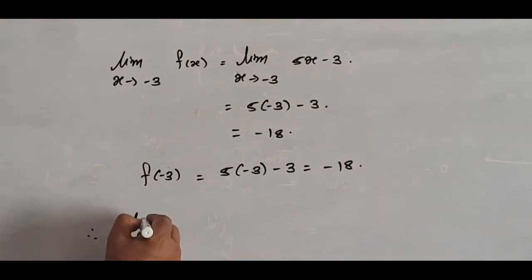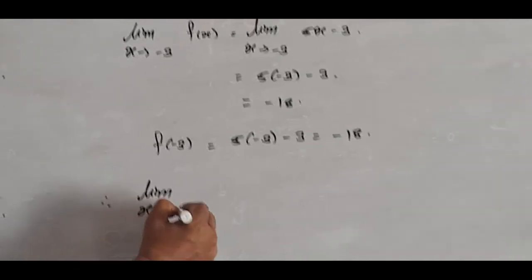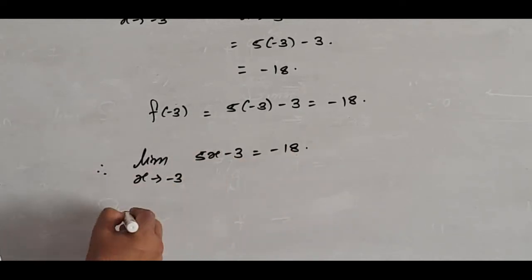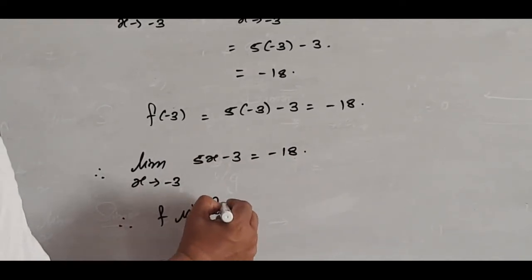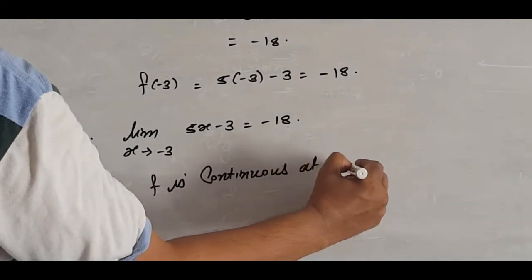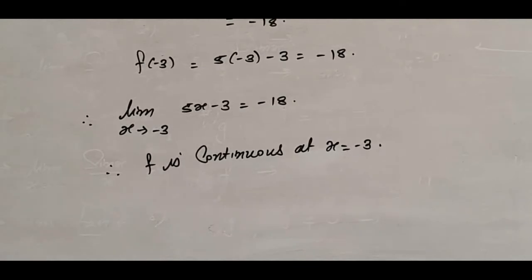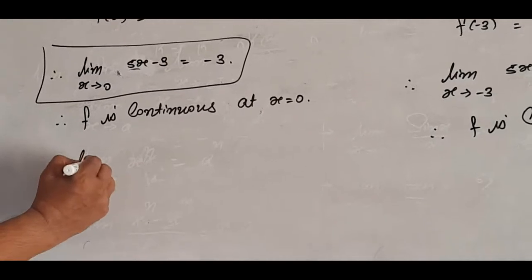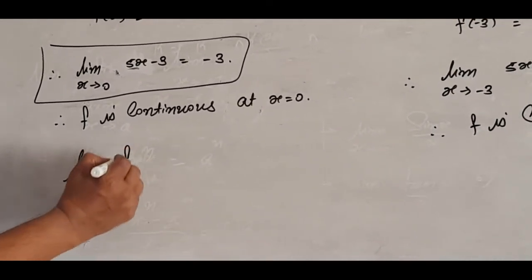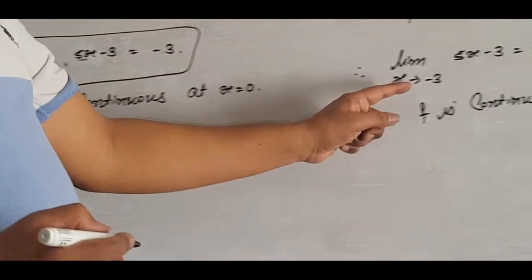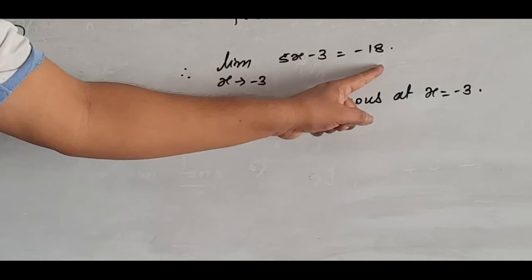So therefore, the limit of x tends to minus 3 of f(x), meaning 5x minus 3, is equal to f(minus 3). So therefore, f is continuous at x equal to minus 3. Even in place of this, we can also write the limit of x tends to 0, f(x) is f(0). Here we can write the limit of x tends to minus 3, f(x) is f of minus 3.